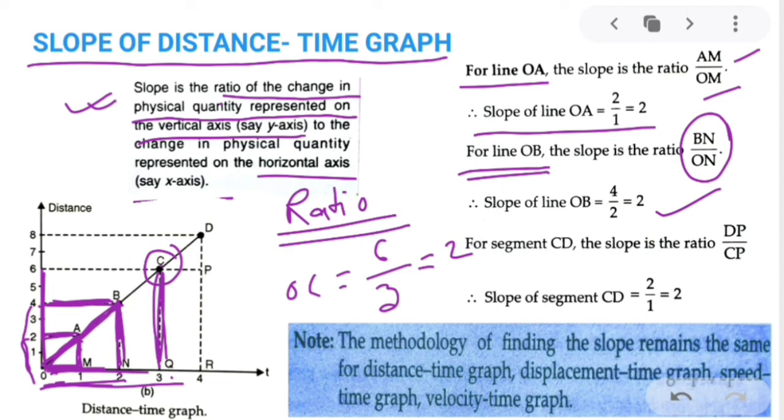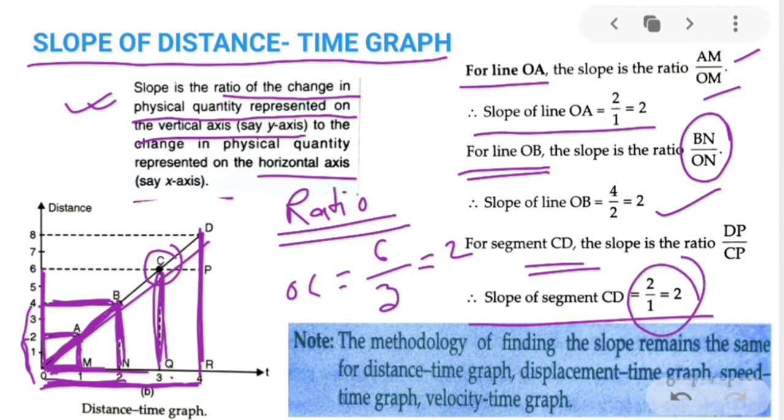And finally for CD, in the same way, it is given here. It is 8 divided by 4, that means 2. Here also 2.